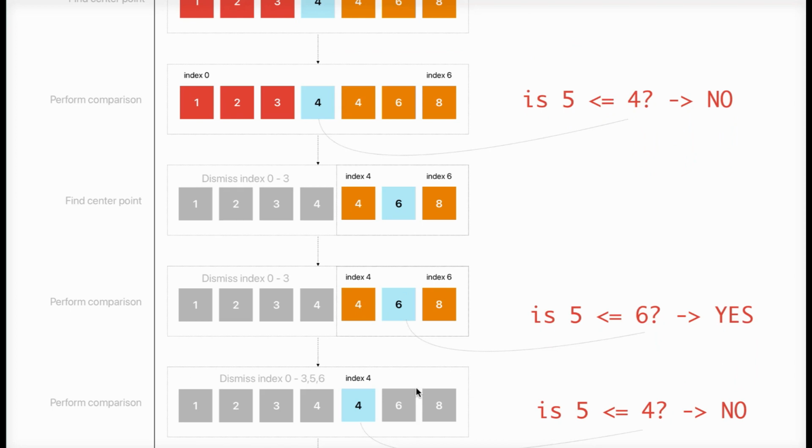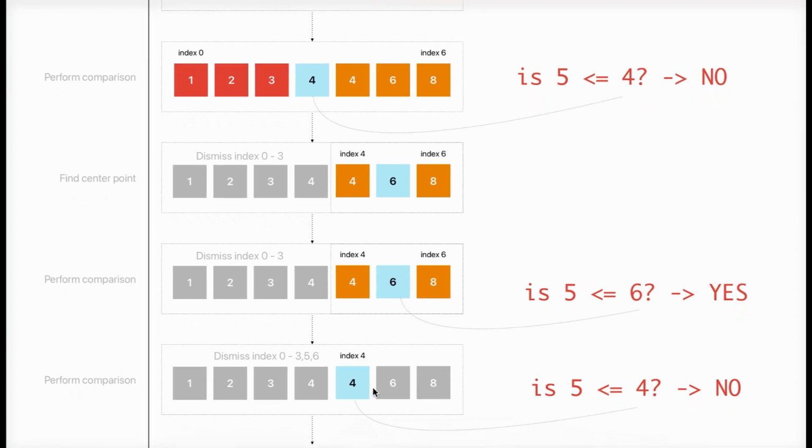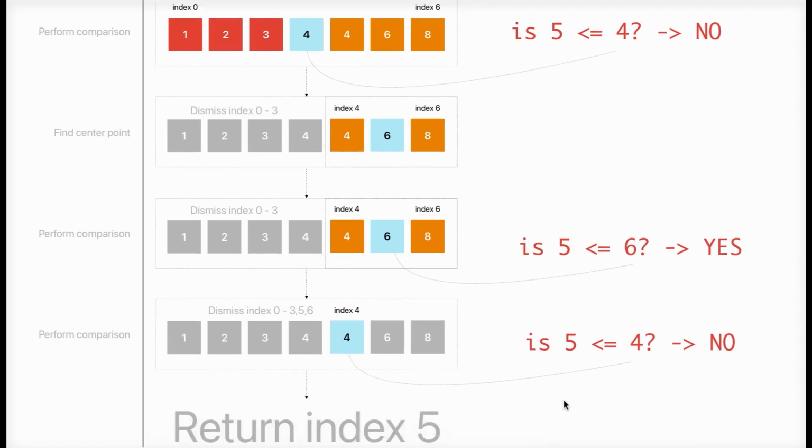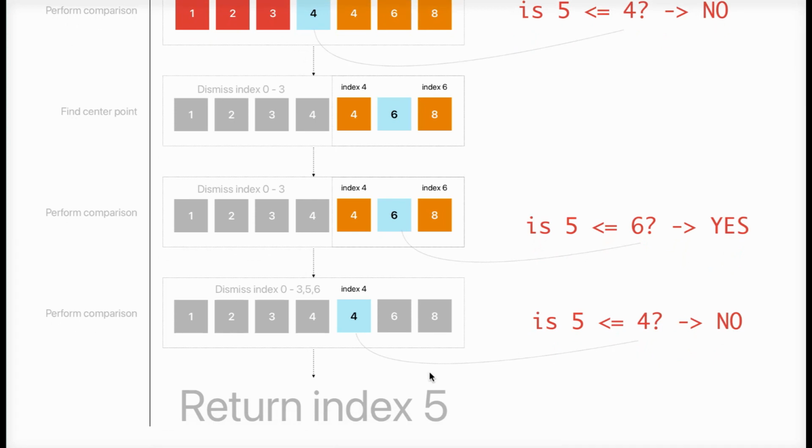The answer is yes. That means now we ignore everything to the right, in this case only 8. So the next step would be to compare the left item against 5: is 5 less than or equal to 4? The answer is no. Therefore, our sweet spot for 5 will be index 5.